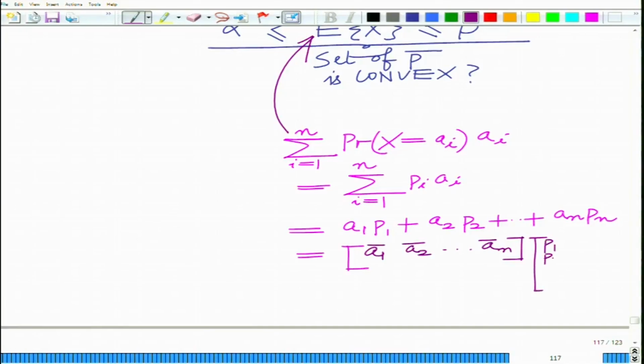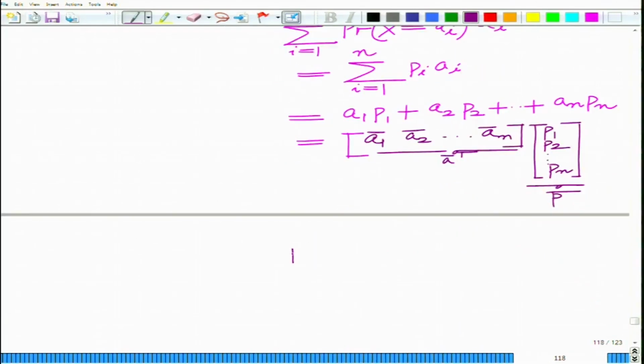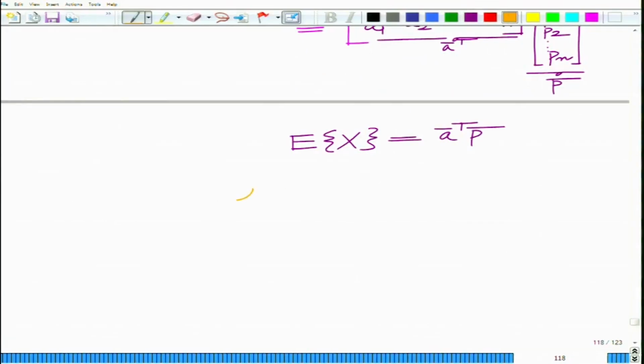You can represent this as a bar transpose p bar, where a bar is the vector a1, a2, an. So the expected value of x becomes a bar transpose p bar, and therefore alpha is less than or equal to expected value of x less than or equal to beta implies alpha is less than or equal to a bar transpose p bar less than or equal to beta.